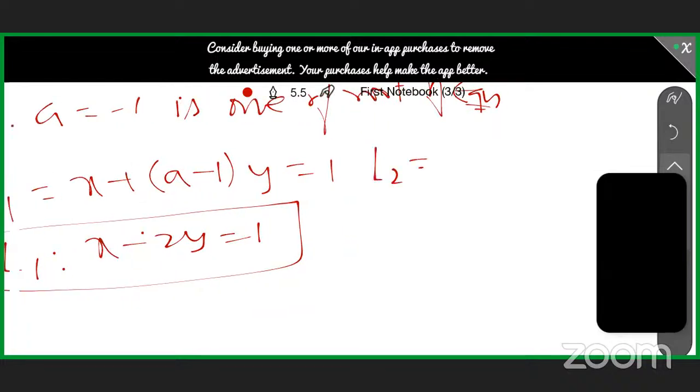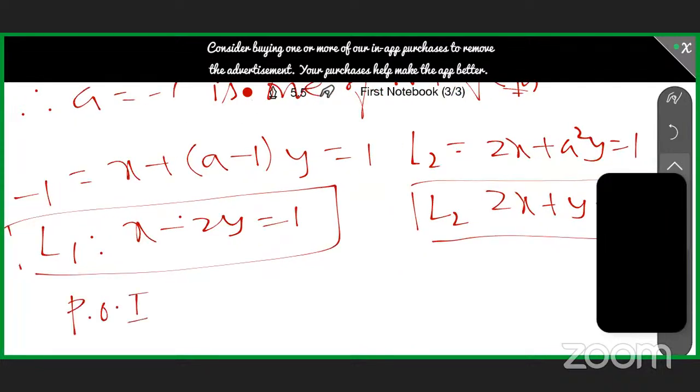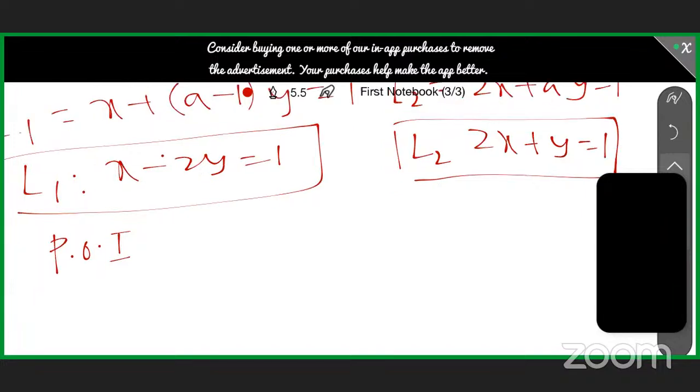My line 2 equation is 2x plus a square y equal to 1, this is the L2 equation. Now tell me the intersection point first. One equation is x minus 2y is equal to 1. So bring it to standard form before finding the point of intersection. If you take it like this only, then your point of intersection will be wrong.